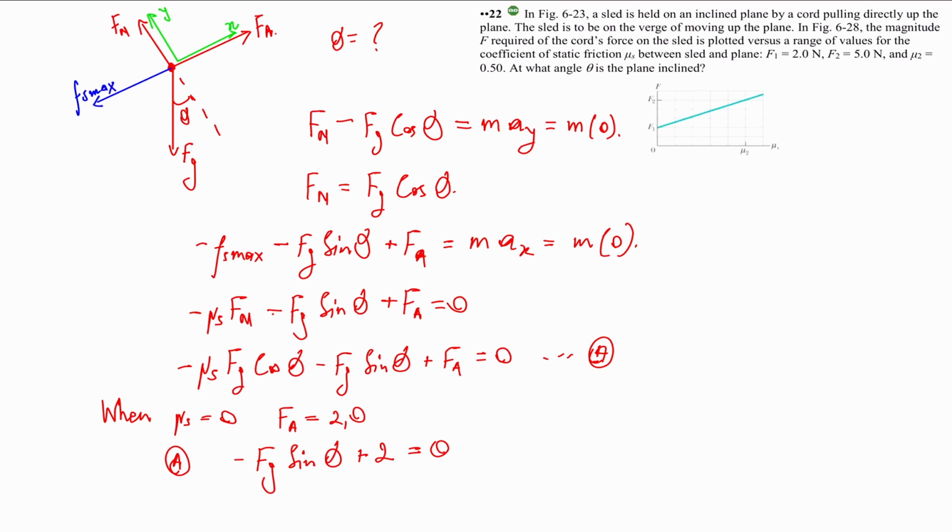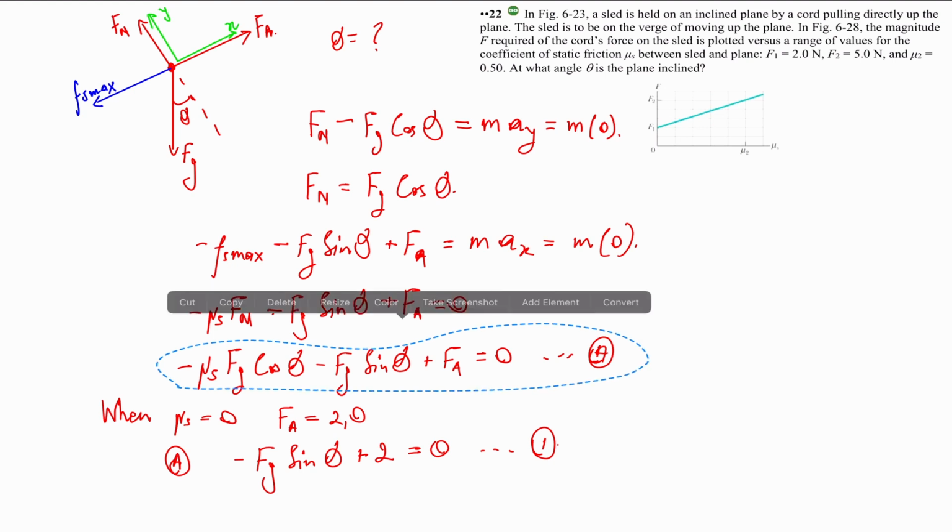So now we have one equation, let's call it 1. And let me copy this equation to a new page. I have to go to a new page because I didn't take care of my real estate properly.